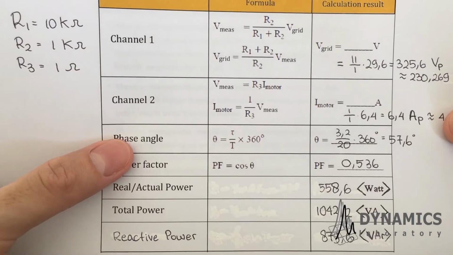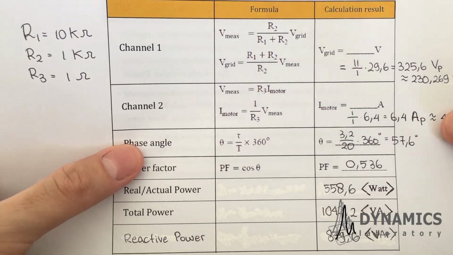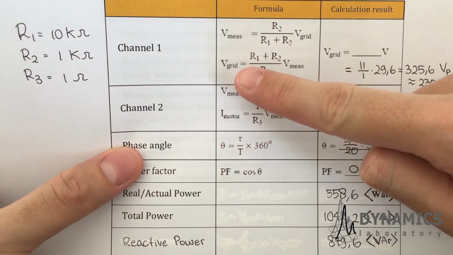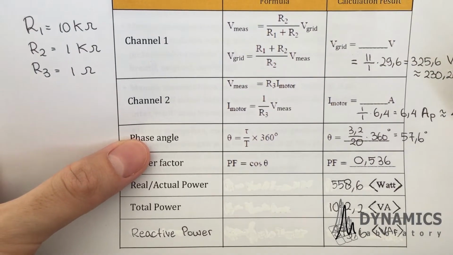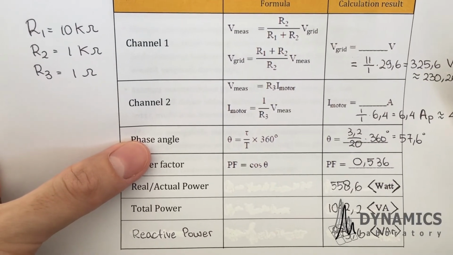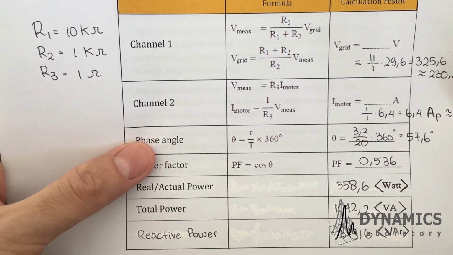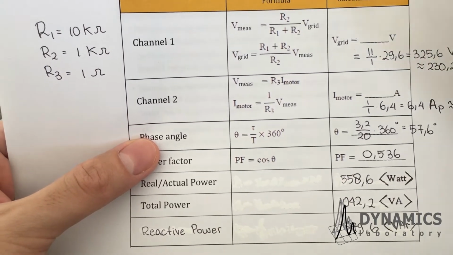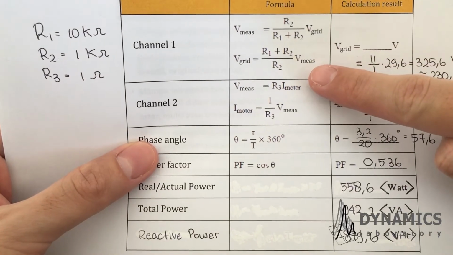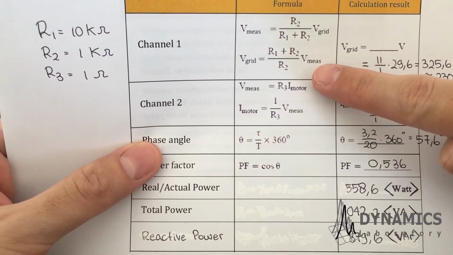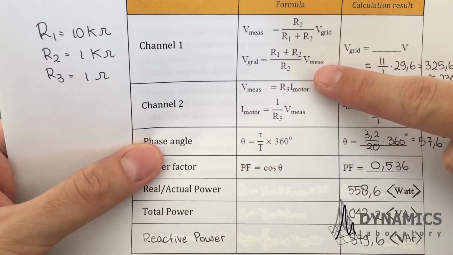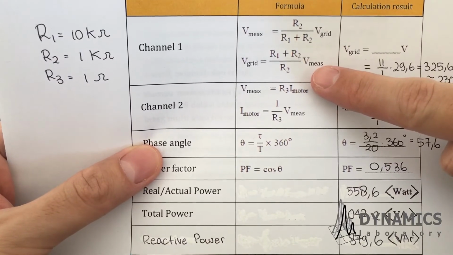For the first calculation, we want to calculate the grid voltage, which is equal to the voltage supplied to the electric motor, or one-phase AC induction motor. Meanwhile, the V measured in here is the amount of voltage measured by the oscilloscope.